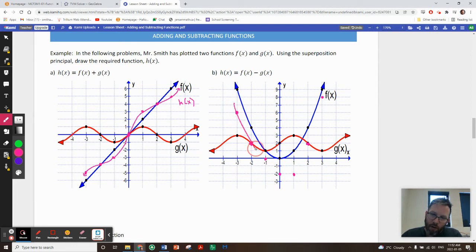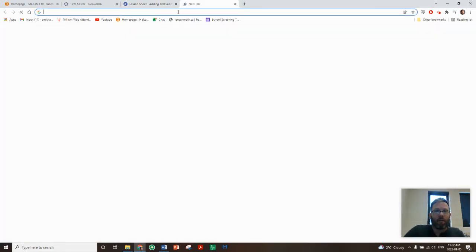I think what I'm going to do is load up Desmos and see what this looks like as well. I think maybe in the future I'll just say draw the points or pick functions that line up a little bit better. I don't know. It's pretty wild. Let's actually head to Desmos and see what this looks like.